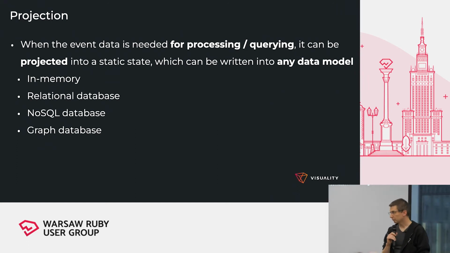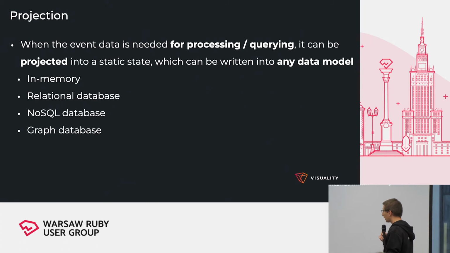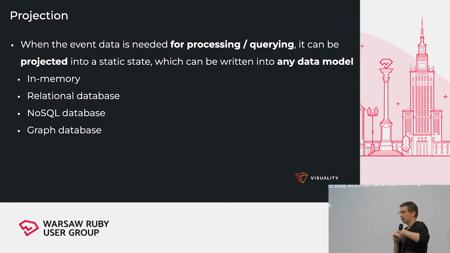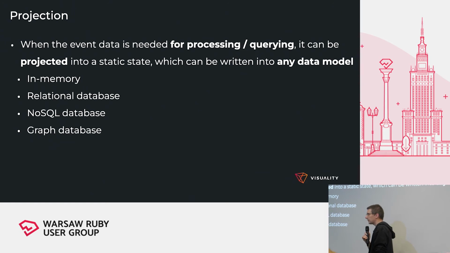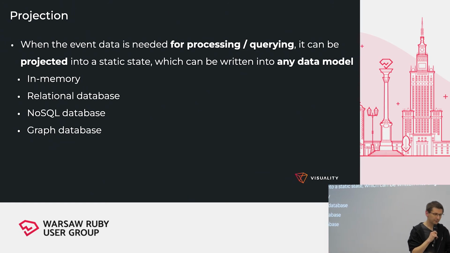And that's totally true. Events are not for that. However, the events lead to a representation of that data that you can query. That's called projection. We take our events and we project them into readable, queryable data.